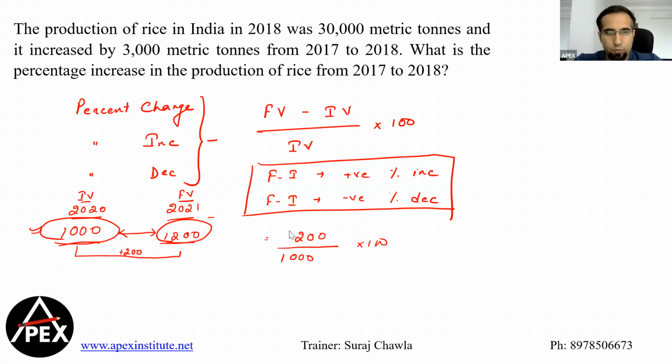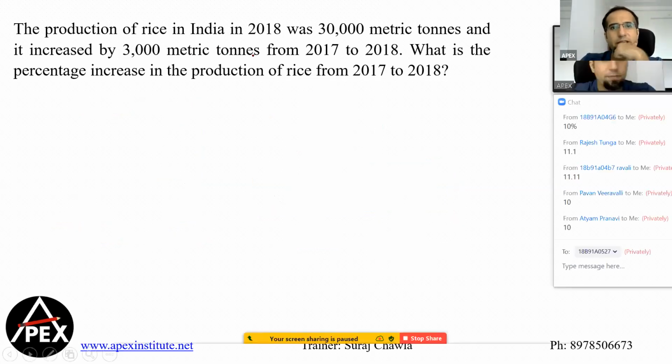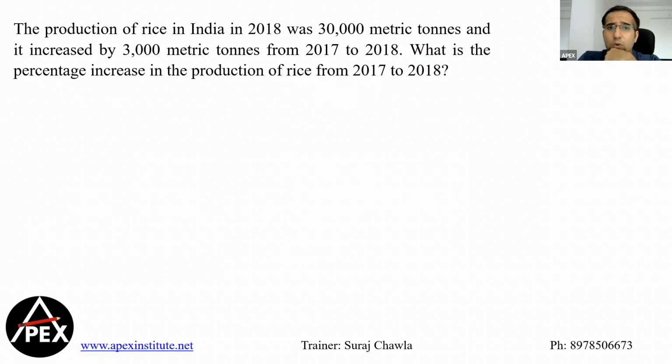Yep, let's see this now. So this question says that the production of rice in India in 2018 was 30,000 metric tons. Now, it increased by 3,000 from 2017 to 2018.